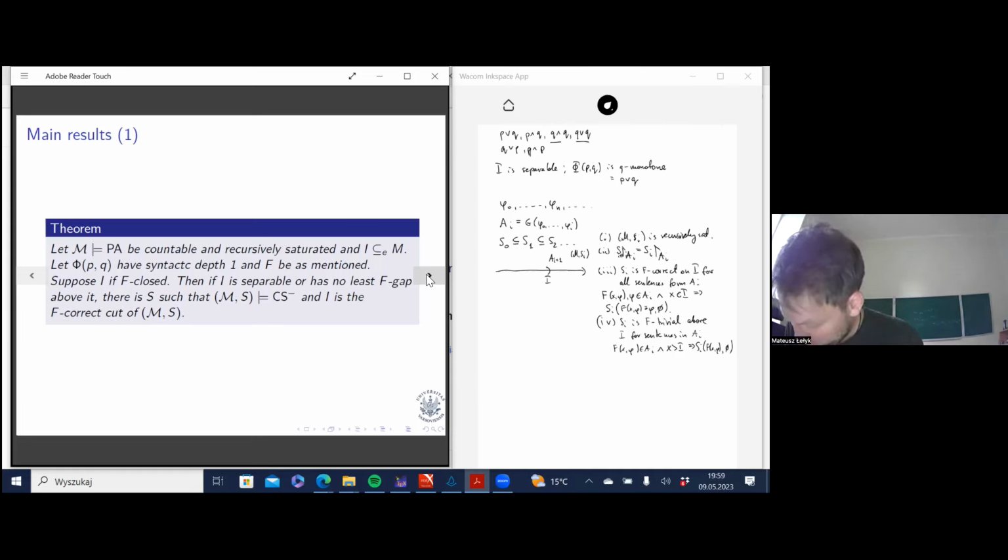So, for example, this formula may be here, here, or here in the model.